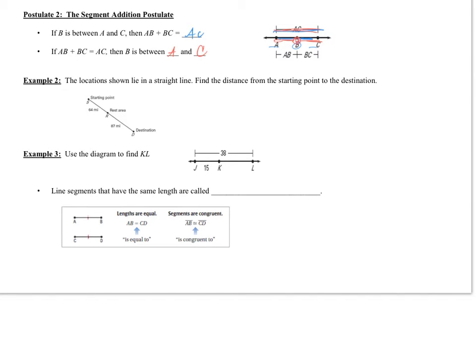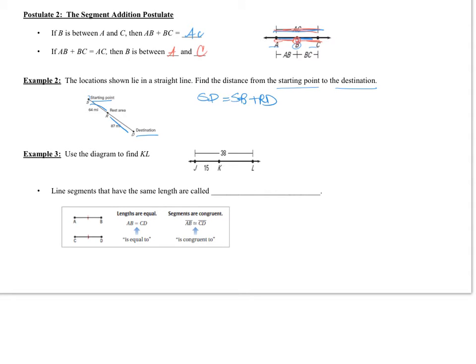Example 2. The locations shown lie in a straight line. Find the distance from the starting point to the destination. So we have the total distance SD equal to segment SR plus segment RD.